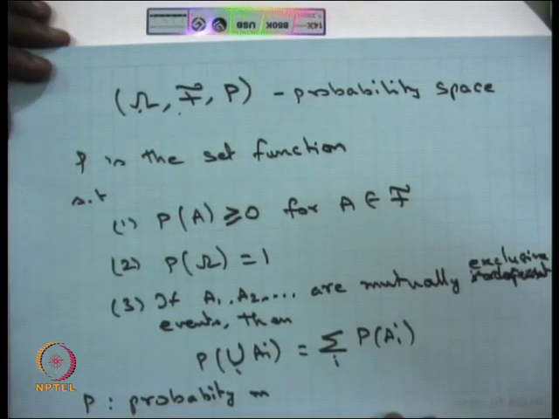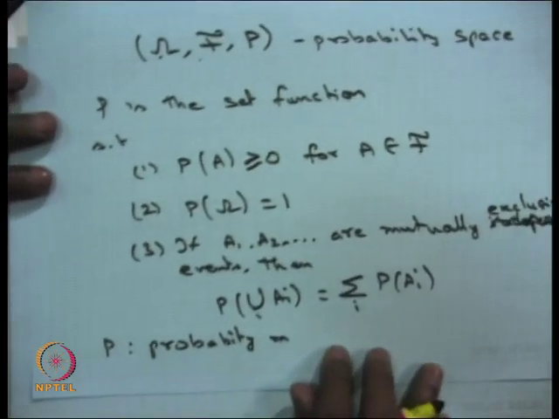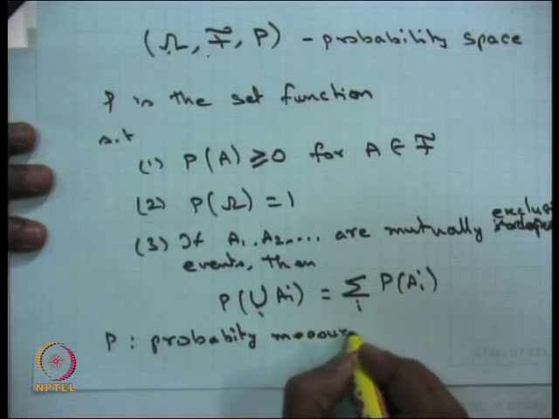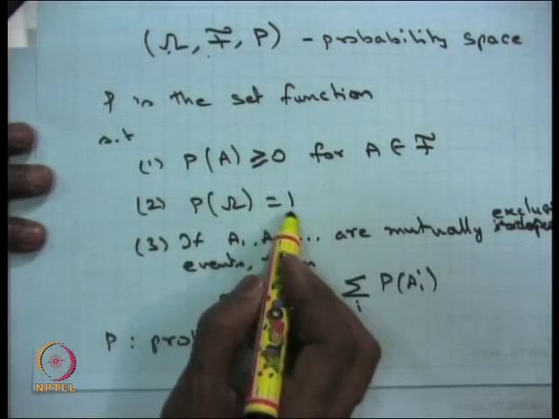This P is also a normed measure because of the condition P of omega equal to 1.